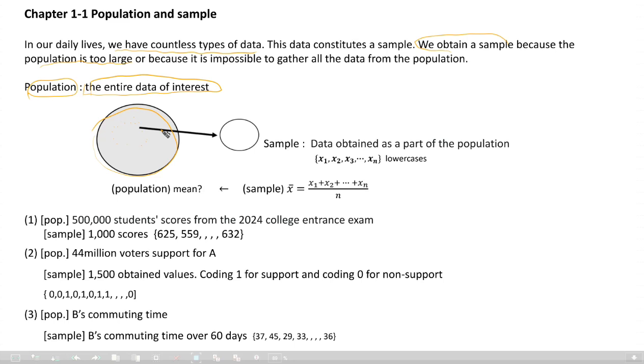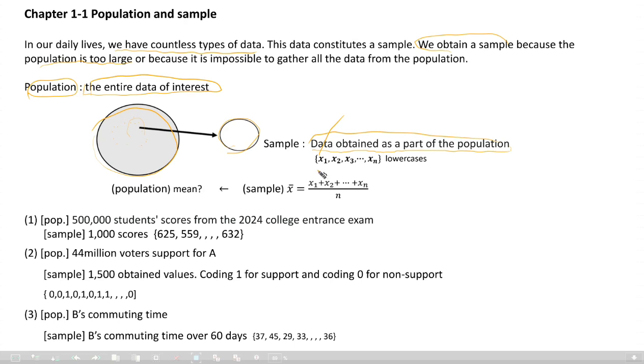We take a sample, a part of the population like this, and the data obtained as a part of the population is known data. We just observed some values. See, small x1, small x2, up to small xn. Small letter means what? Known value, observed value, obtained value, concrete, some real number.